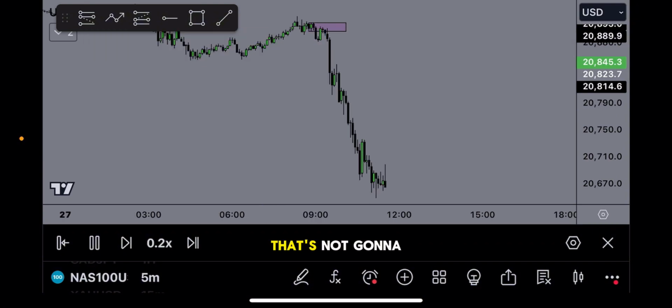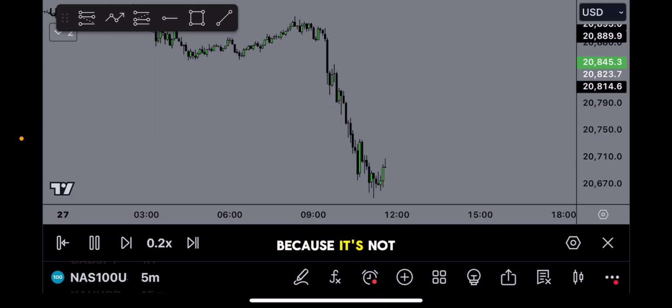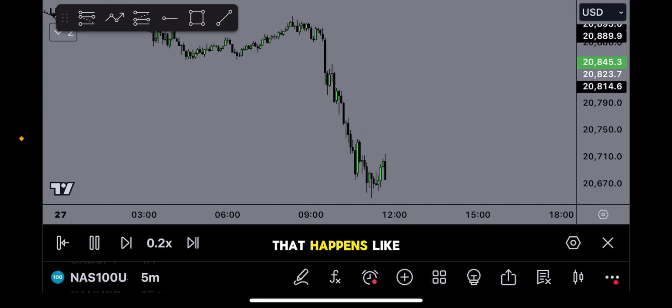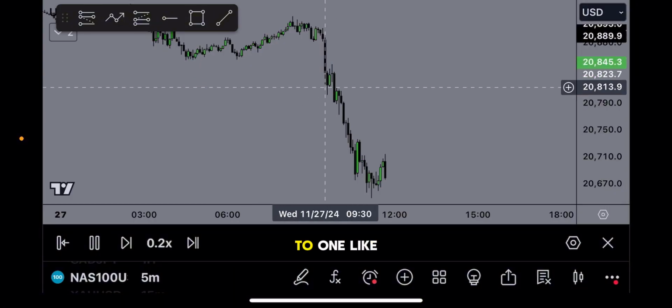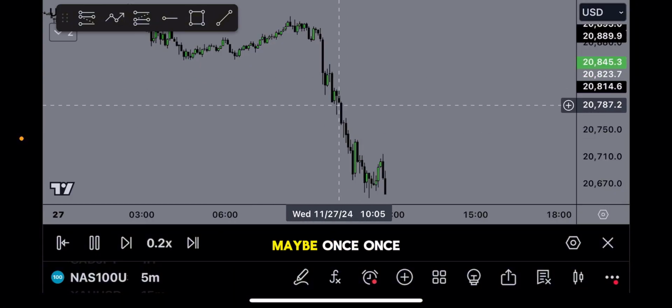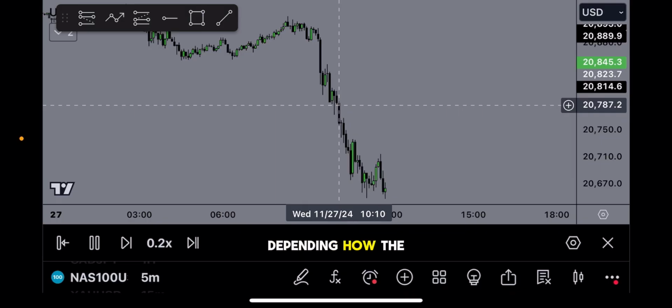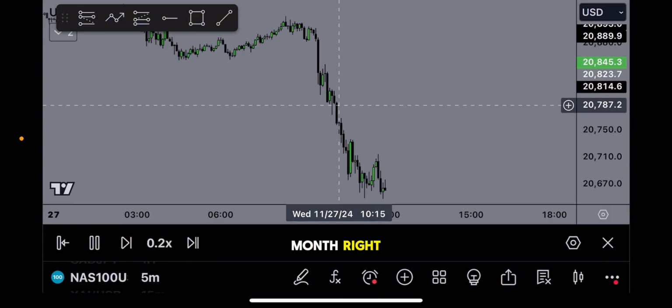And guess what? That's not gonna happen all the time. So don't expect every trade setup to go like that, because it's not gonna happen all the time. You might have a big winning day like a 14-to-1 maybe once a year, 2 times a year, maybe a little bit more, depending how the market is doing that year or that month, right?